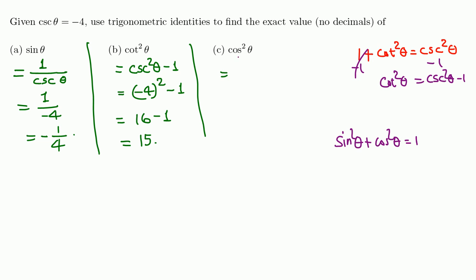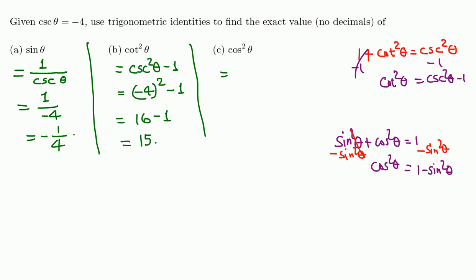We want the formula for cosine square, so subtract sine square from both sides, and we get cosine square theta, which is 1 minus sine square theta.